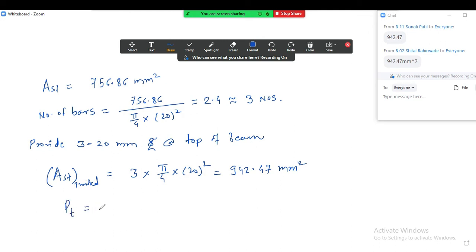This percentage of steel will be at the support, which is next to the end support. At that point we have calculated this. So it is again 100 Ast provided divided by b into d, and it is again 0.51%, I guess.